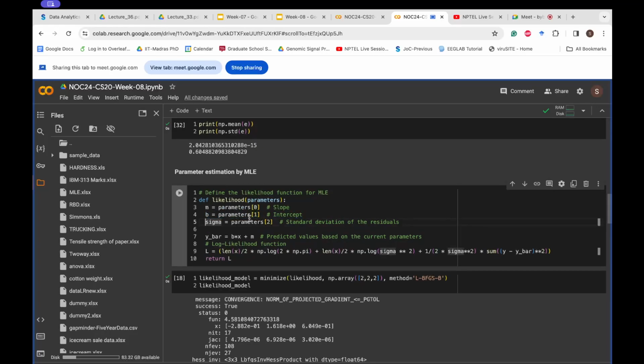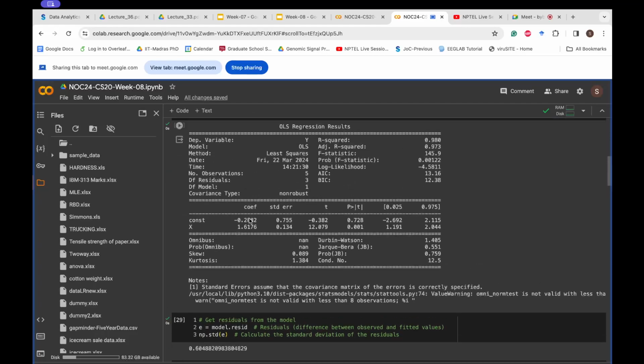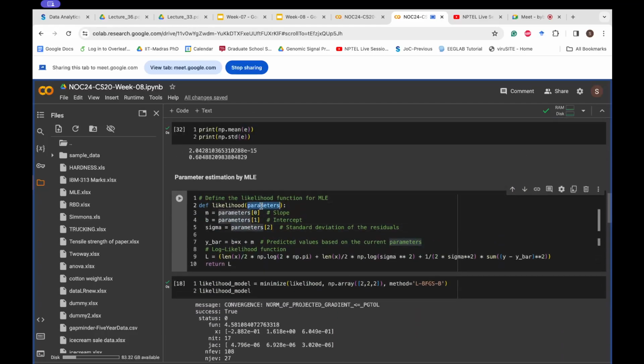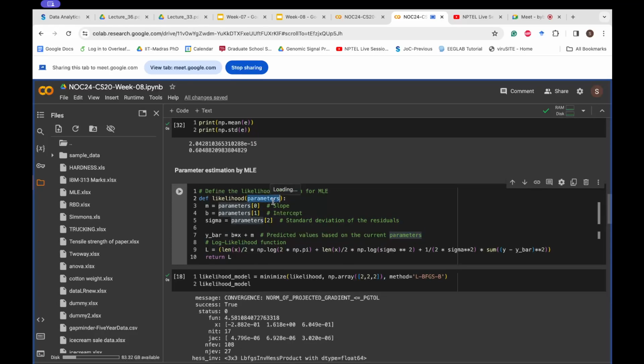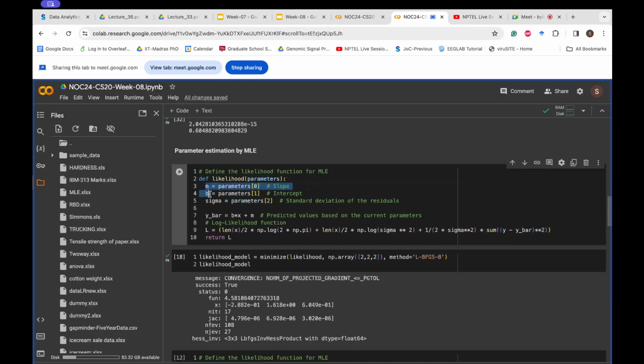These parameters are being passed to the likelihood function. The variable parameters represents the parameters being passed to the likelihood: the slope of the line, the intercept of the line, and the standard deviation of the residuals. Why do we do that?